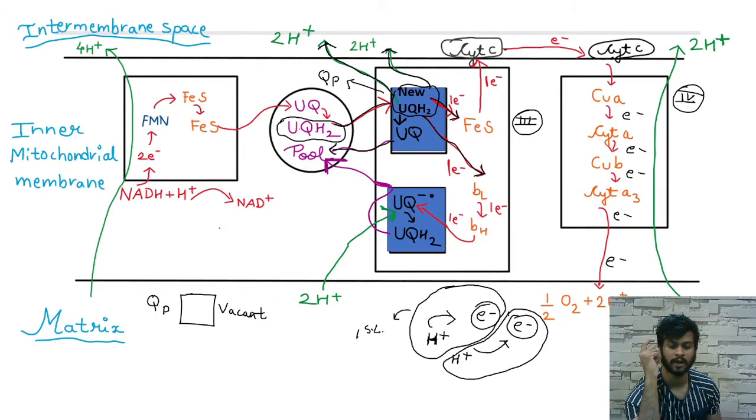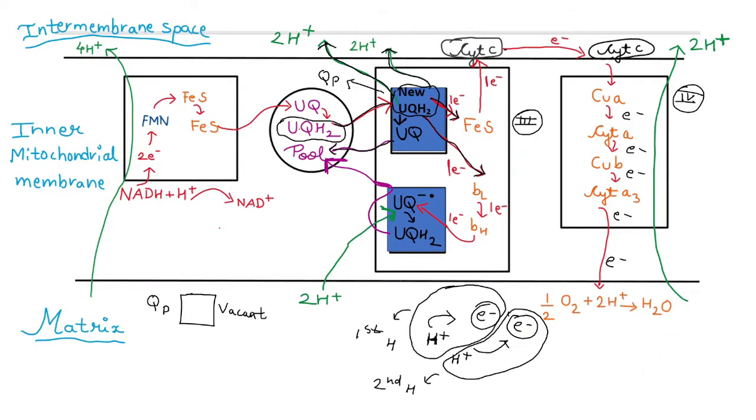So this is the first hydrogen atom and this is the second hydrogen atom. Which means the 2 hydrogens will combine with oxygen to form a water molecule. Very easy.